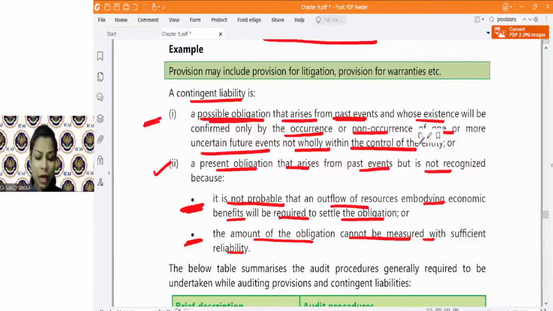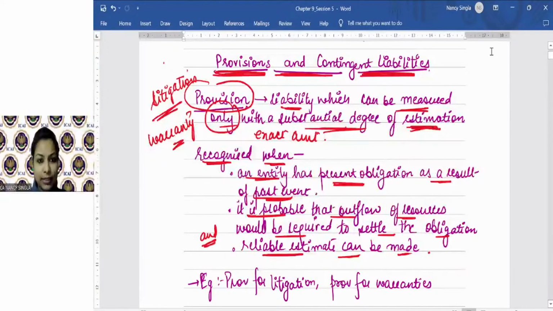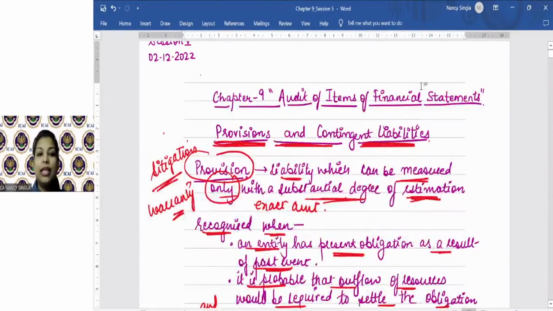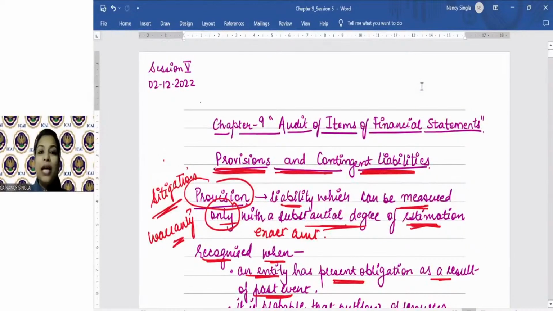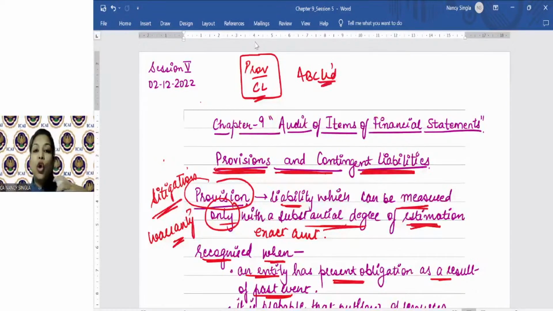Clear? Now tell me again, your exercise is to just think as if you are in a situation whereby you are being asked to verify the provisions and contingent liability that have been shown in the books of ABC Limited. Tell me what all documents come to your mind. क्या क्या समझ आता है? Please do not look at the module.